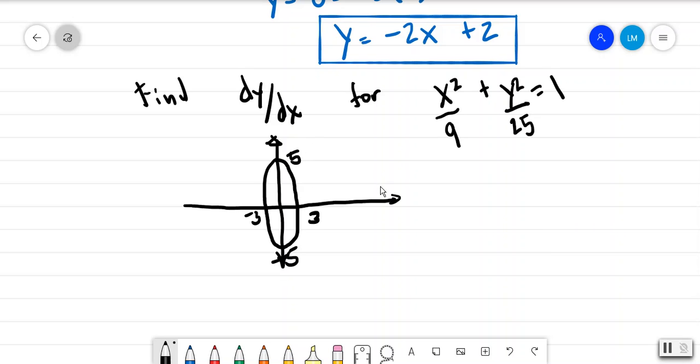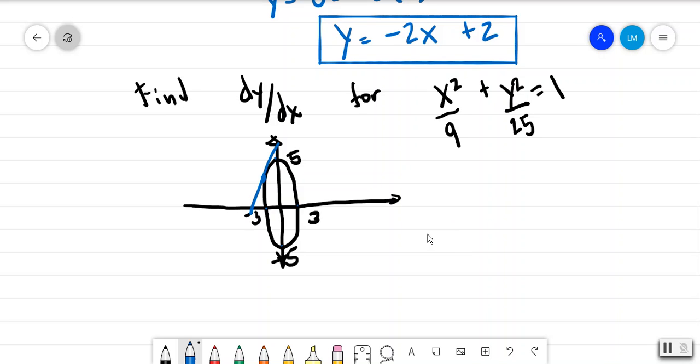So see how we can pick any point along this curve and find the slope of the tangent. The only problem is that you might end up with some vertical tangents right here and right over here. But there are some horizontal tangents right there and right there. Okay, so that's kind of interesting.